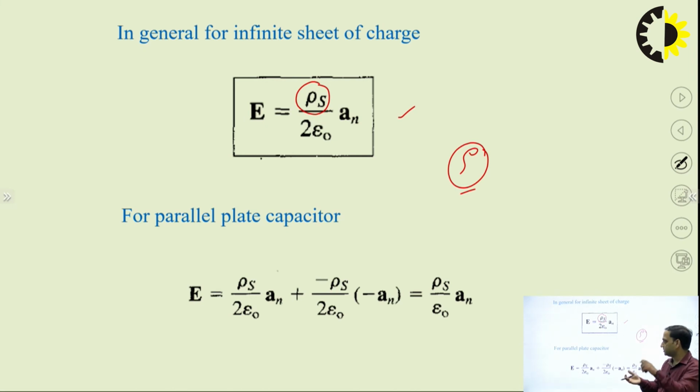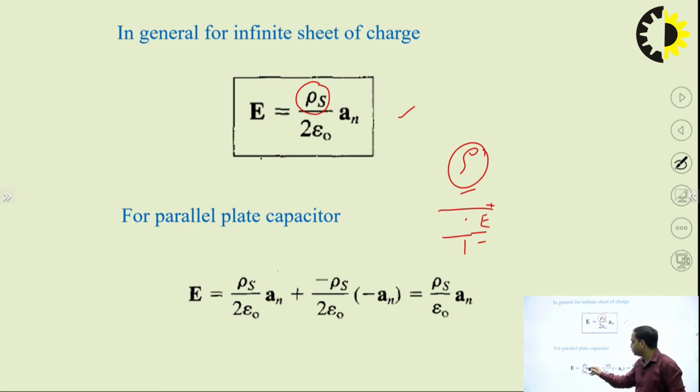So when we have two parallel sheets, and because we are very much aware of capacitors, which have two sheets parallel to each other, if we want to find the electric field in between these two plates, obviously one will be positively charged and the second will be negatively charged, and we want the electric field at this point in between the capacitor plates.